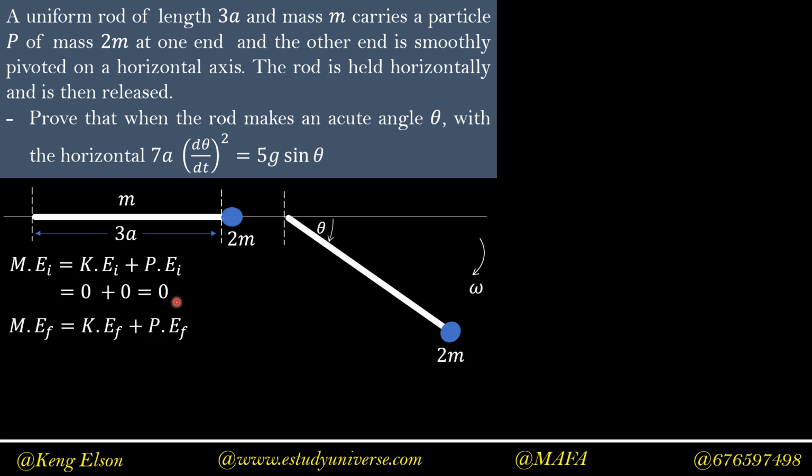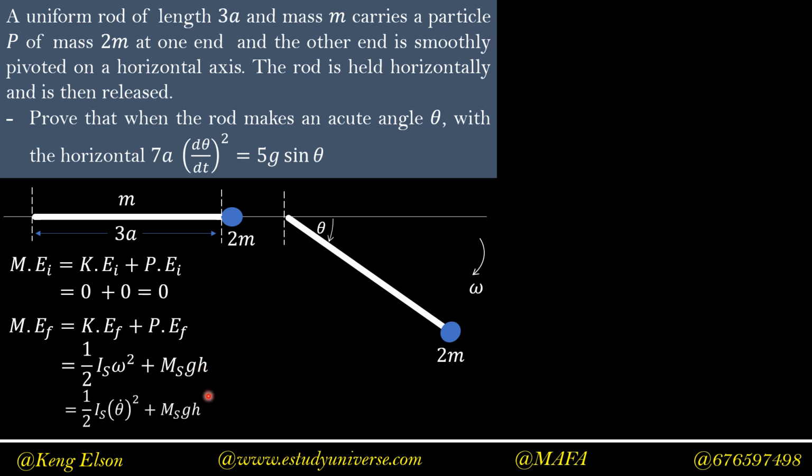Now we need to find the final mechanical energy, which is the sum of the final kinetic and the final potential energies. So what is the kinetic energy? Like we said, it is half times the moment of inertia of the system times the square of the angular velocity. What about the final potential energy? It is the mass of the system times the acceleration due to gravity times h.